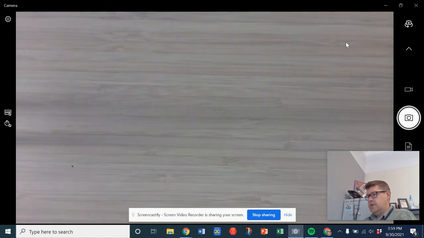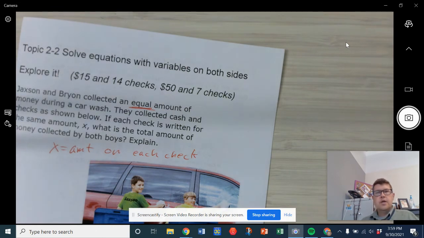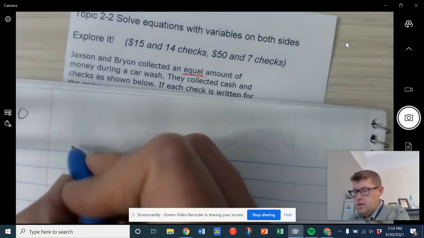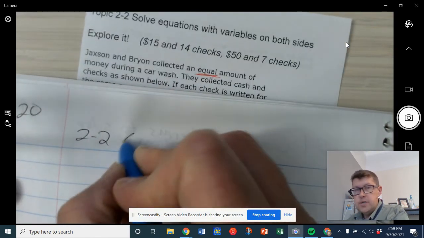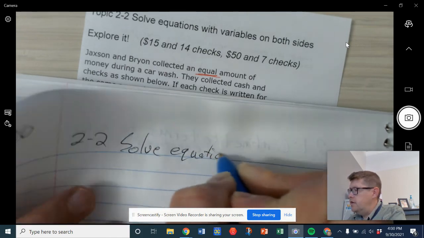Okay, so I'm going to fold this in two, like so. So this is going to go on page, I think, 20. Is that right? Yeah, page 20, 2-2. Solve equations with variables on both sides. That wasn't too bad. Hopefully I didn't go too fast for you.